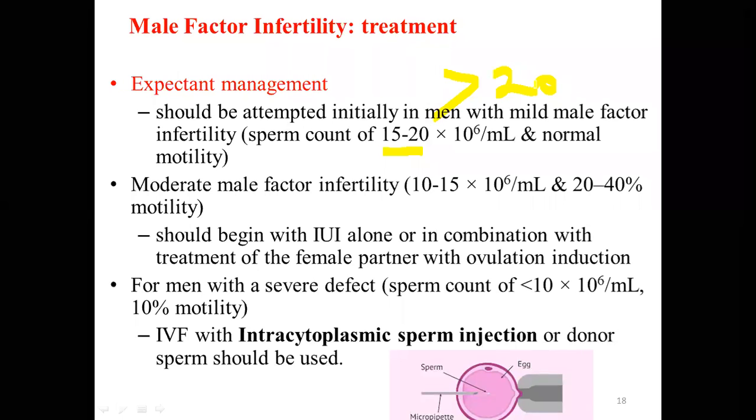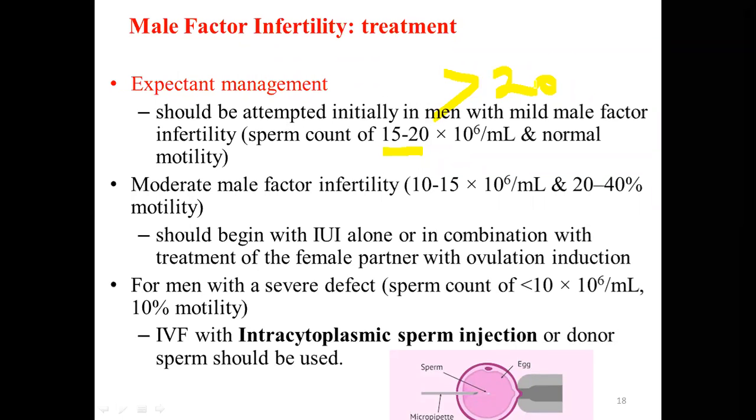The next step is in the case of moderate male factor infertility. When the sperm count is between 10 to 15 million and the motility is slightly reduced, we can consider intrauterine insemination. That means you extract the sperm, then put it directly with a syringe.